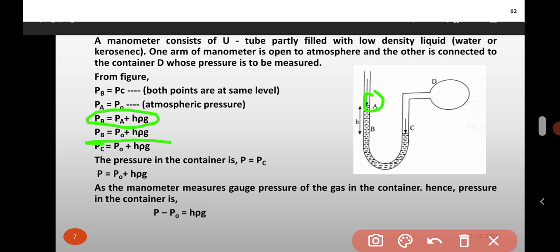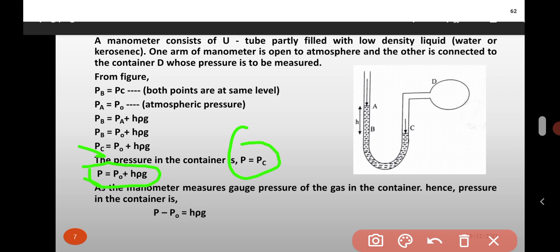Again PB is equal to PC. Therefore PC is equal to P0 plus h rho g. The pressure in the container is P, equal to PC. The equation becomes P is equal to P0 plus h rho g.